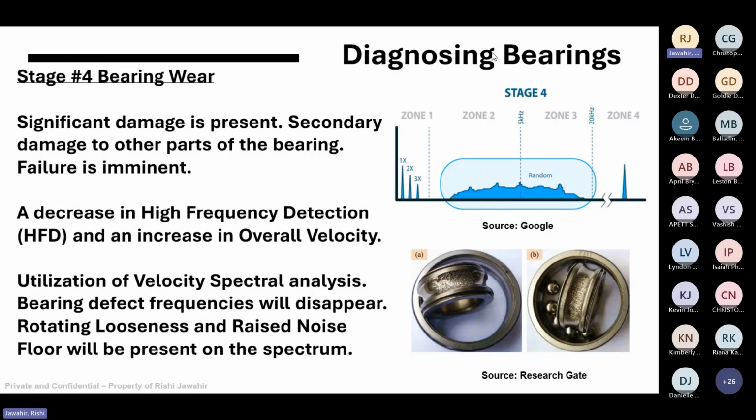So in the beginning, you could start off with maybe an outer race defect, but because it was neglected, there was no intervention, the fault developed so significantly that it causes secondary damage to other components, causing a total failure of the bearing.